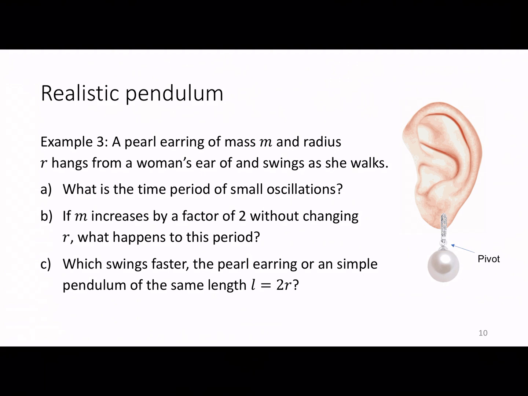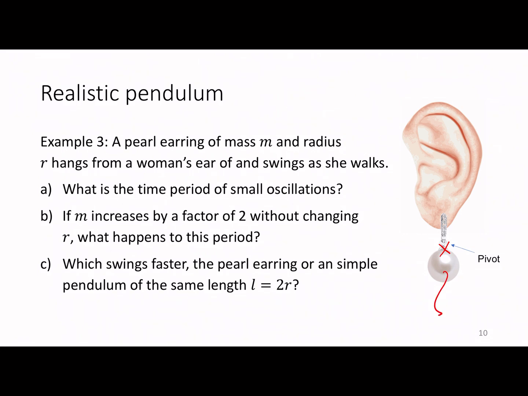A pearl earring of mass m and radius r hangs from a woman's ear and swings as she walks. It's going to pivot at a point right around the top. And what I'll tell you is for a solid sphere, you may not remember this formula, the moment of inertia is 2/5 mr squared, where m is the mass and r is the radius.